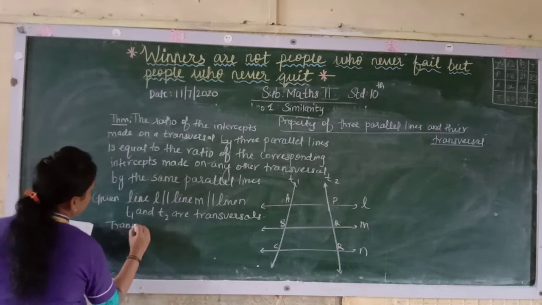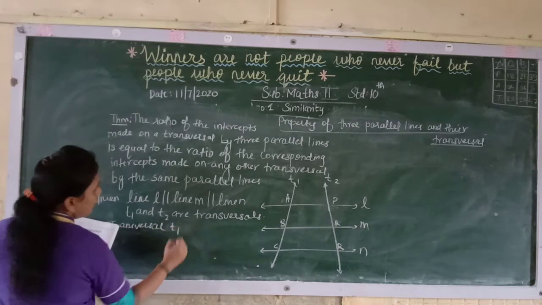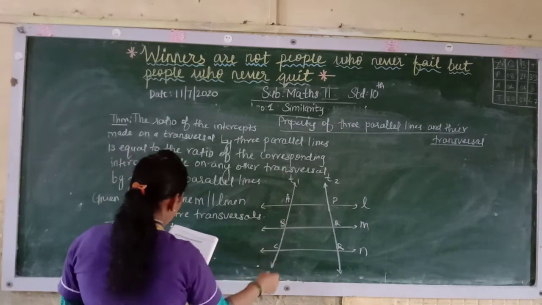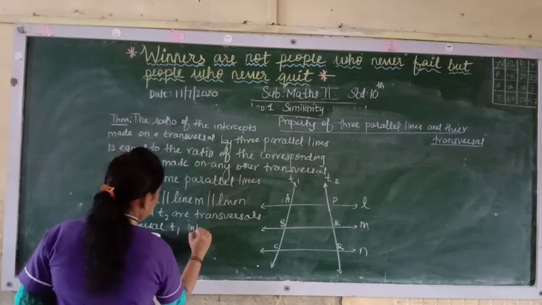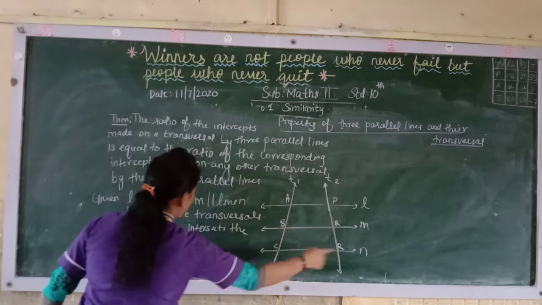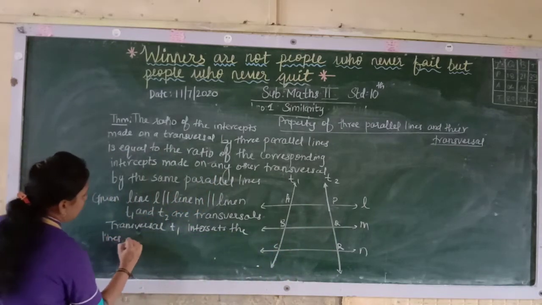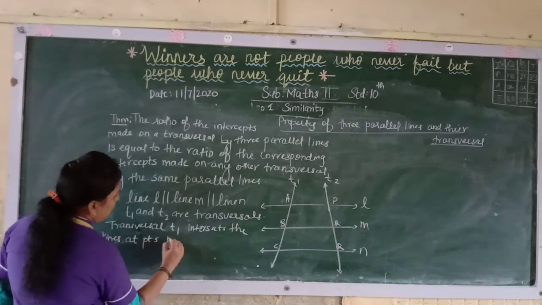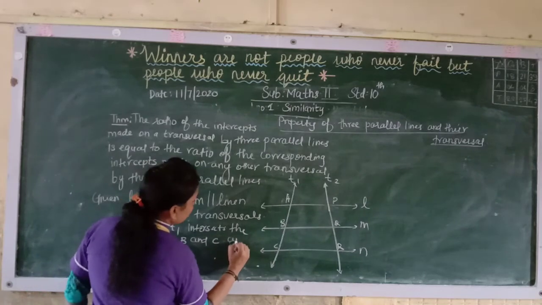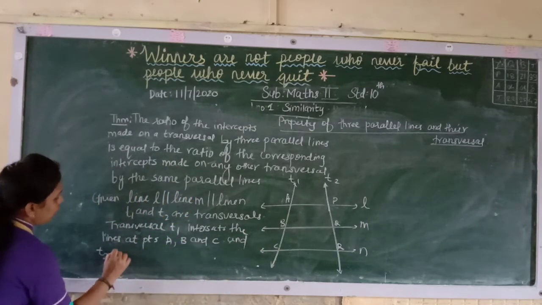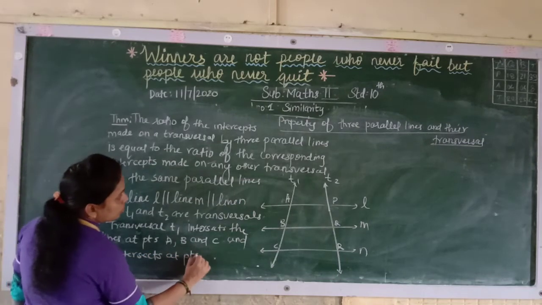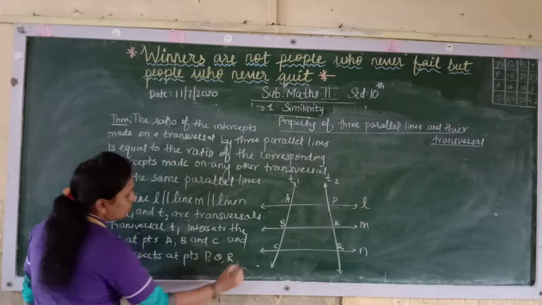Transversal T1 intersects the three lines at points A, B and C, and T2 intersects them at points P, Q and R.